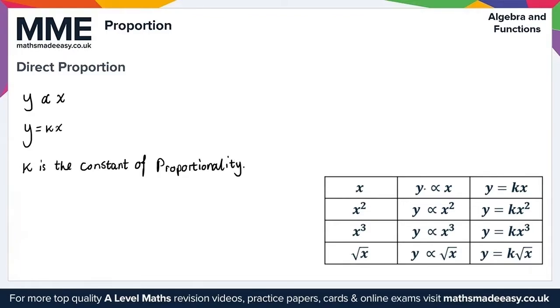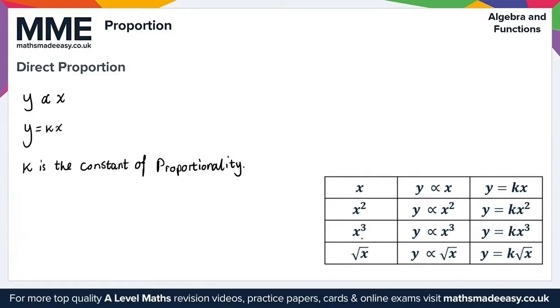And like we can see here from this table, we can have a few other representations here for direct proportion. So y is directly proportional to x squared here. Then we represent it in a similar form here, obviously just replacing the x with x squared. And again, we could write that as y equals kx squared.